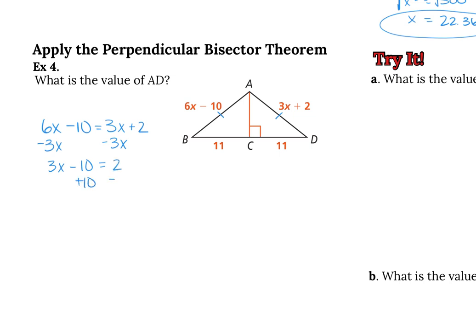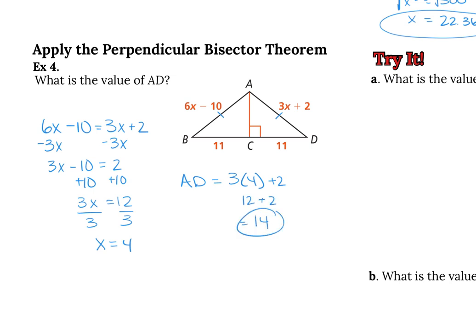Add my constant over, and then divide by 3. All right, so we found our x, but we're looking for AD. So now I'm going to take that x I just found and plug it in for AD, which AD we know is 3x plus 2, which x we found is 4. So we would get 14 for the measurement for AD.